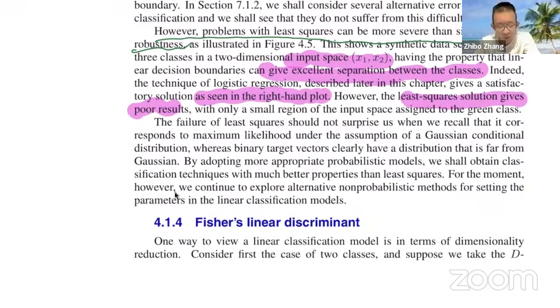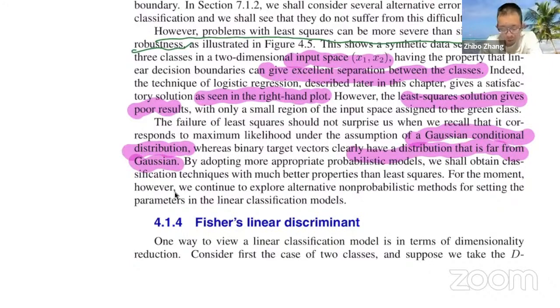The failure of least squares should not surprise us when we recall that it corresponds to maximum likelihood under the assumption of a Gaussian conditional distribution, whereas binary target vectors clearly have a distribution that is far from Gaussian.